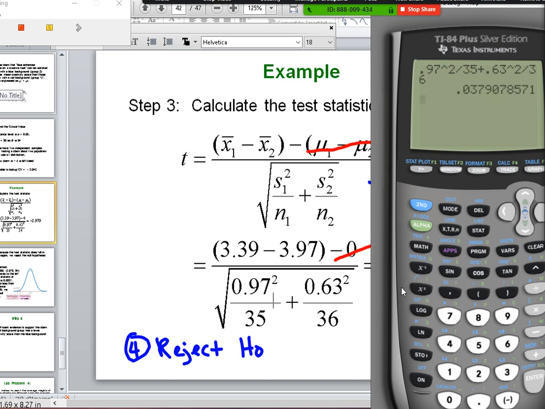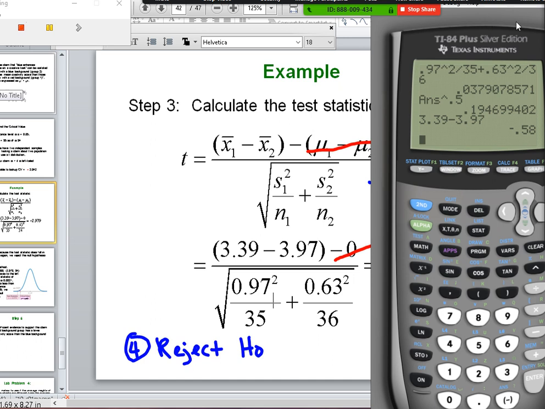Enter. Can you guys see that okay? I can just pop that part in, and I'll get 0.0379, and I want to square root it. So I'm going to raise it to the 0.5 power, and that's my bottom. 0.1947 on the bottom. The top is going to be 3.39 minus 3.97. So the top is negative 0.58.